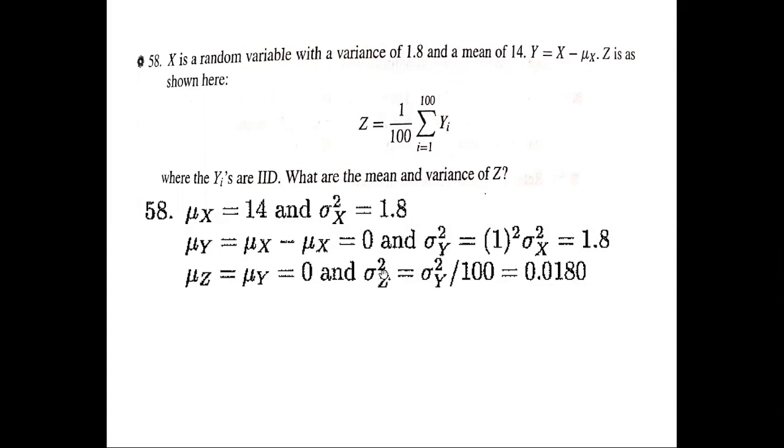Whereas the variance of z will be equal to the variance of y divided by the number of samples. 100 samples are there, therefore we need to write n as 100. That will give us the value 1.8 divided by 100, and that is 0.0180.